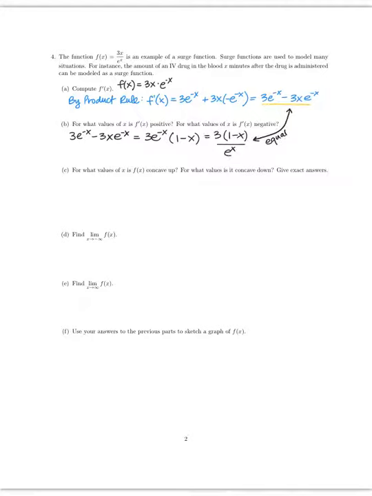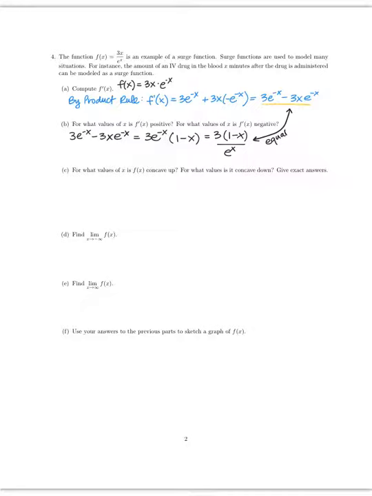So this is the format where it is much easier to determine for what values of x this derivative is positive, and for what values of x it's negative. Remember that this is exactly what we computed in part A. It's just rewritten in order to answer this question in a much more straightforward manner.